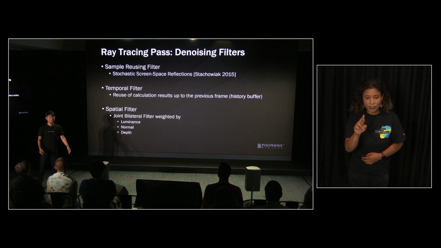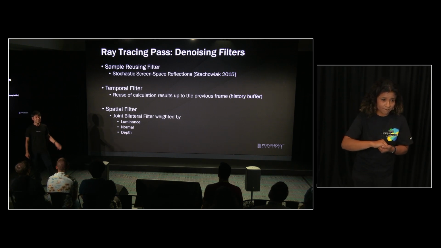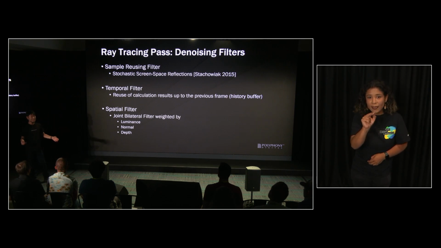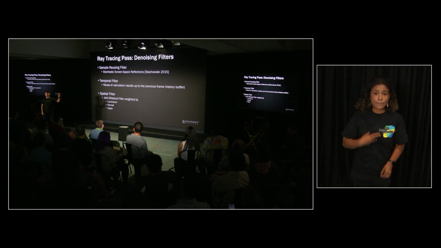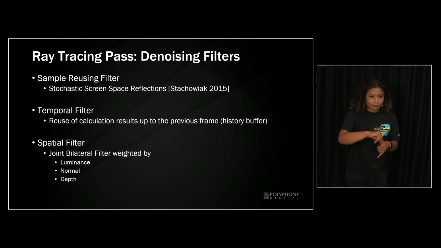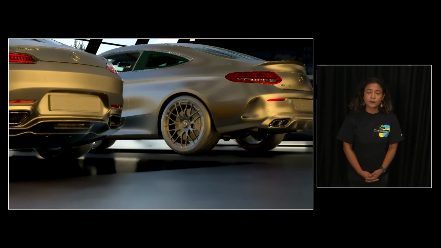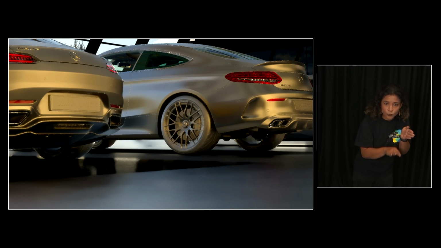Finally, the spatial filter is a joint bilateral filter that uses luminance, normal, and depth to determine the weight. We use a lot of heuristics to adjust the parameters of these filters. At this point, this is the result. A lot of the noise has been reduced, but it still remains at the edges.